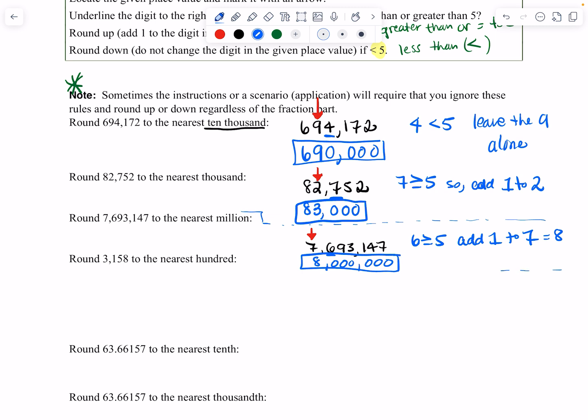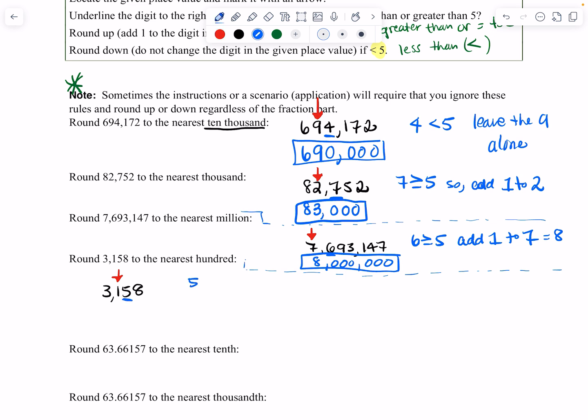Now we have one more of the whole numbers that we're going to be rounding. And we're going to round 3,158. So let me write that out. 3,158. And we're going to round it to the nearest hundreds. So I'm going to put an arrow over the 1, which is in the hundreds position. I'm looking for the digit behind it, which is a 5.